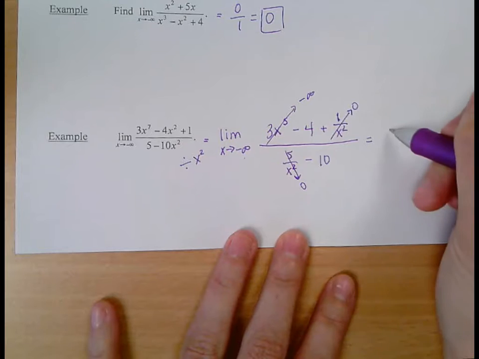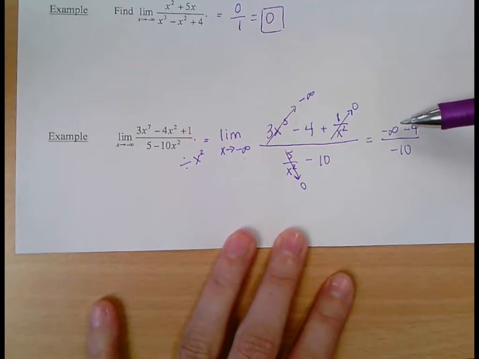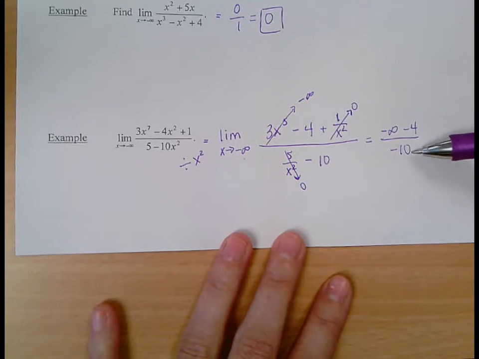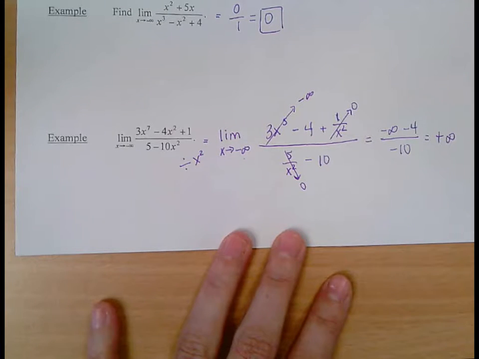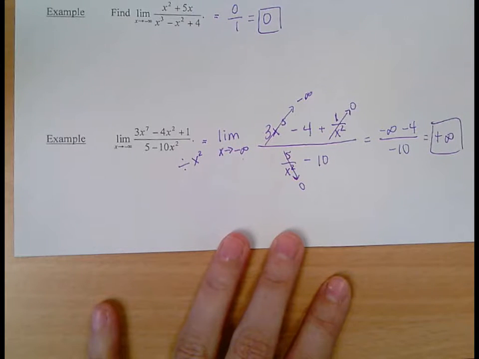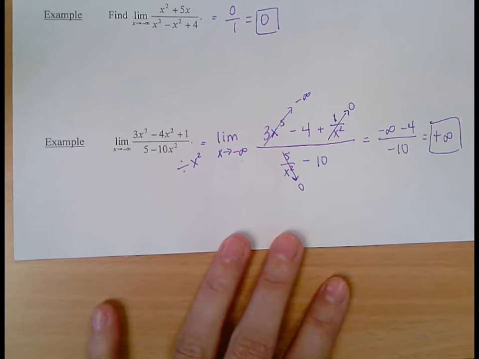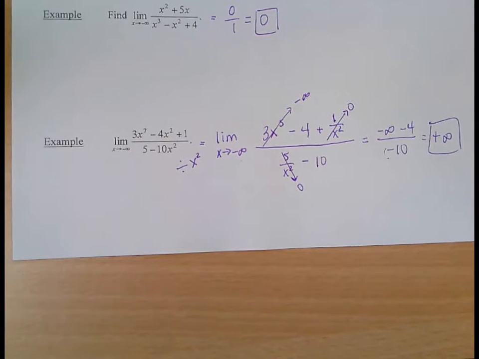So I end up with essentially negative infinity minus 4 divided by negative 10. So if I have a large negative number and I subtract 4, it's still large and negative. And then when I divide by 10, it's still large, but I'm dividing by a negative, which makes it now a positive number. So this limit is positive infinity. You don't need to put a plus sign. But it should not be negative because you're dividing by the negative 10. Does that help for the third one?